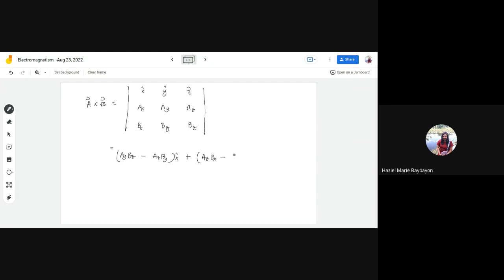Sakto, no? Yes, ma'am. This is the y component. And then the z component is, I think this one, AX BY minus AY BX. So this is the z component.